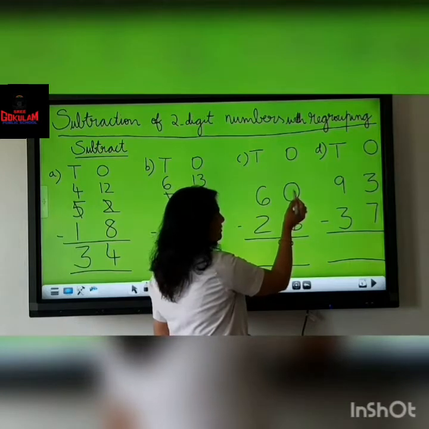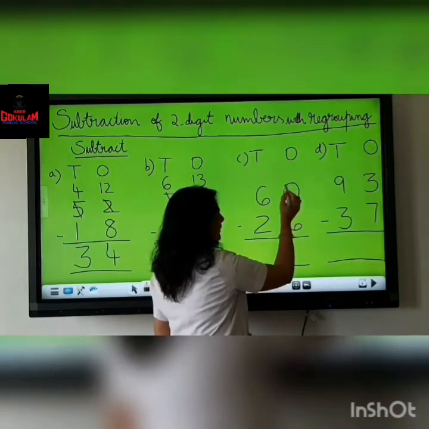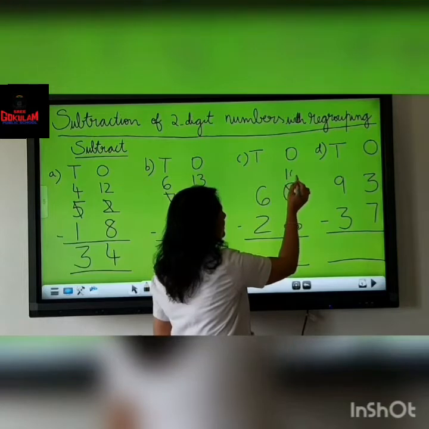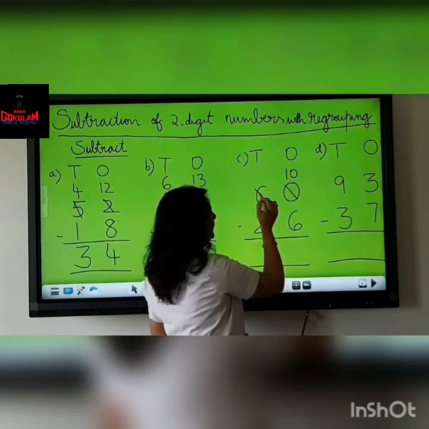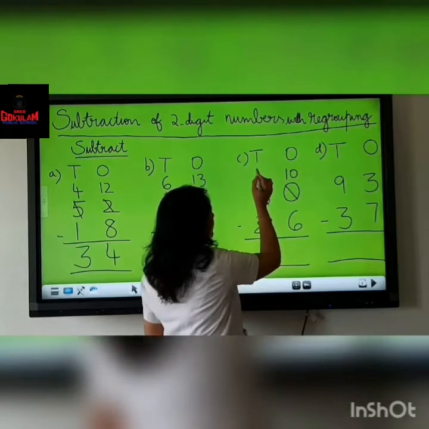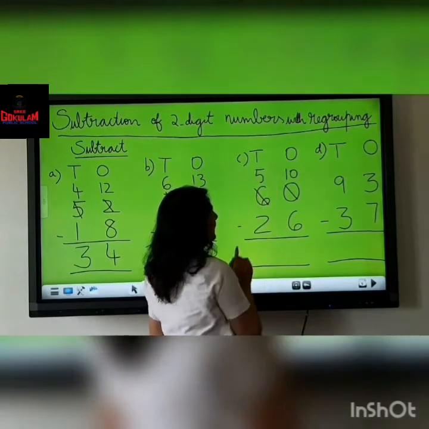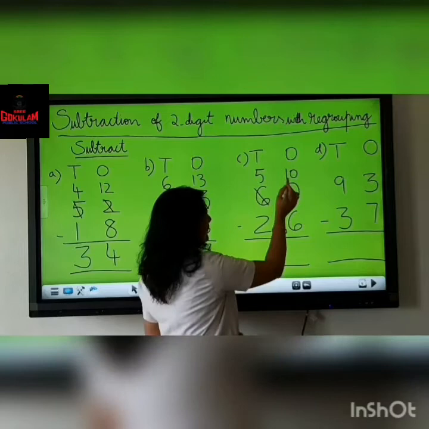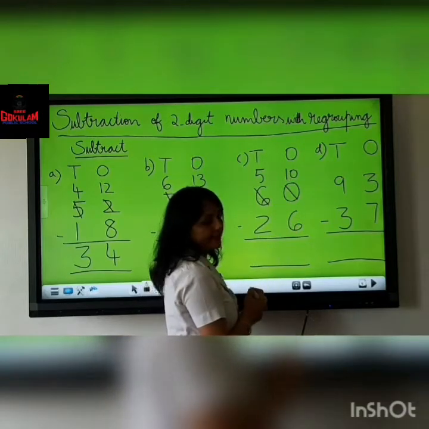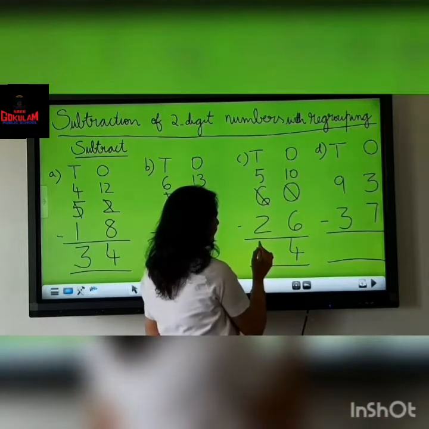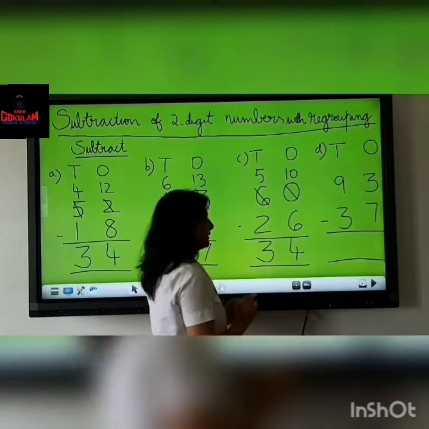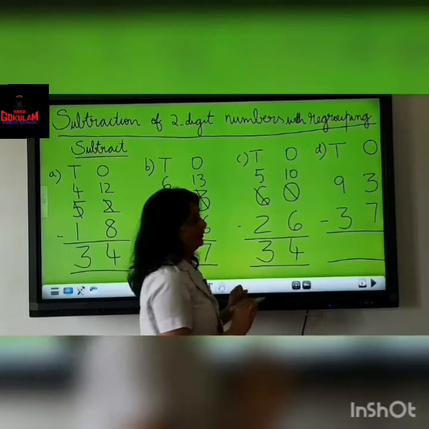So 10 ones plus 0 ones. We have 10 ones in the ones place now. Then in the tens place now we have only 5 tens. 10 minus 6. What is 10 minus 6? 4. 5 minus 2 is 3. So the answer is 34.